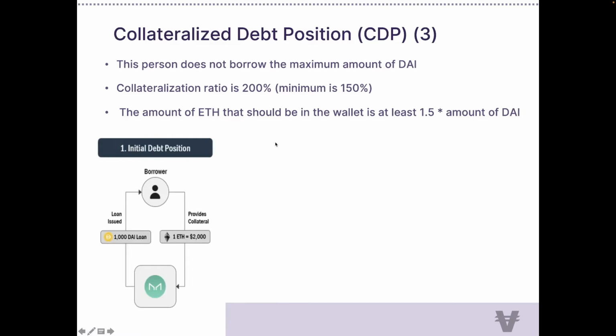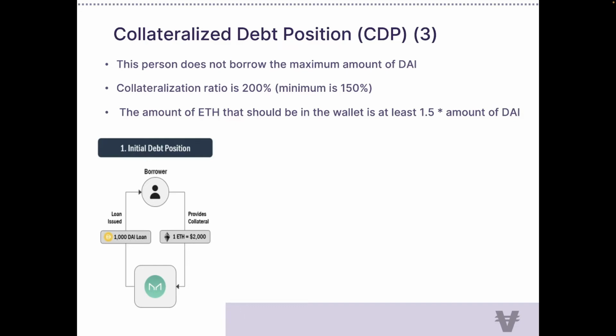So, of course, once again, we have a borrower who provides collateral. In this case, 1 ETH is $2,000. Then the Maker protocol provides 1,000 DAI, because the person chose not to get the maximum amount of DAI, but only 1,000, since the maximum would be 1,333.